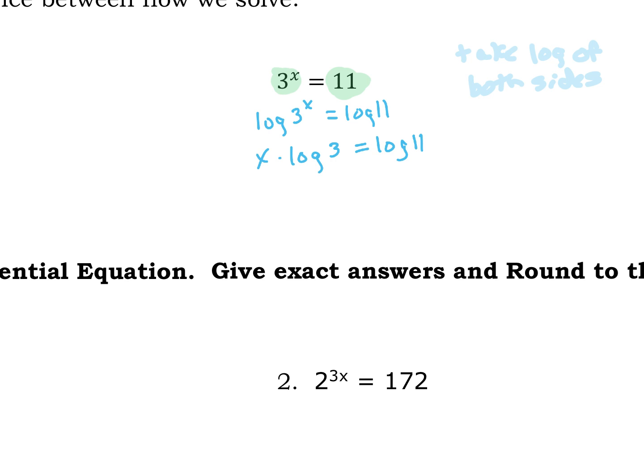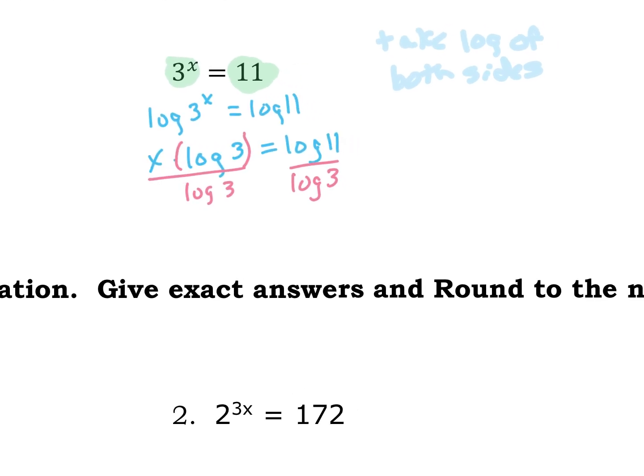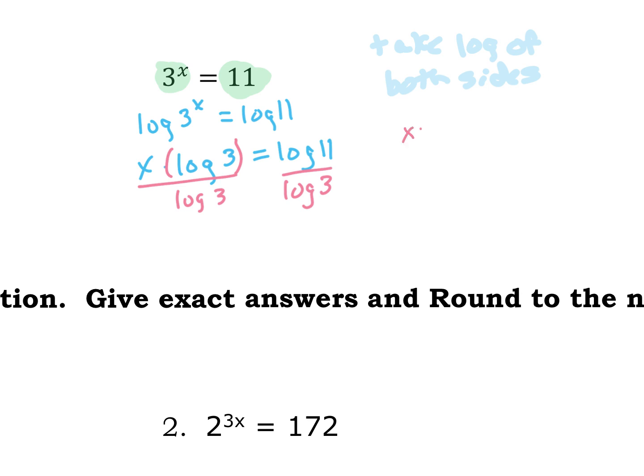Now we're trying to solve for x, and x is getting multiplied by this log of 3, and so we're going to have to divide by the log of 3 on both sides in order to solve. So it's possible that the directions will say leave as an exact answer, and if that's the case, then you would say that x is equal to the log of 11 divided by the log of 3.